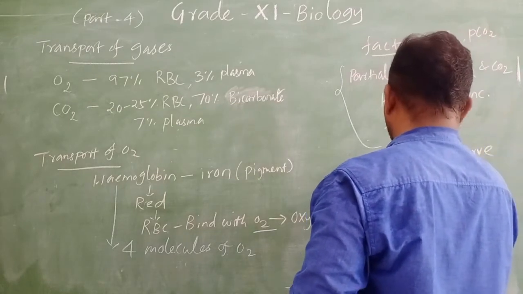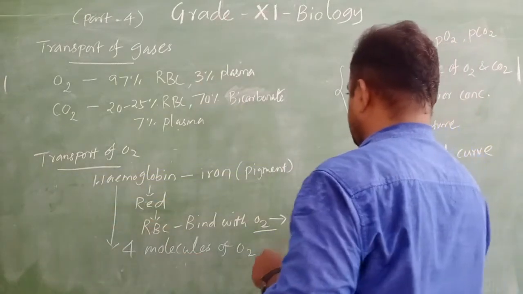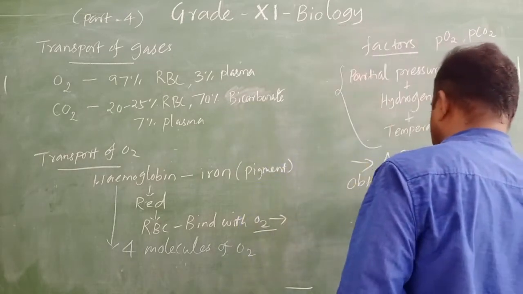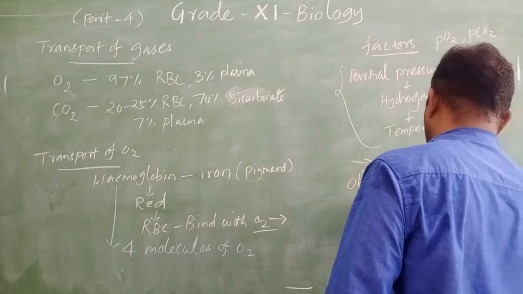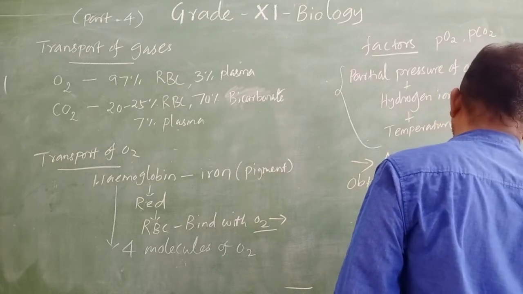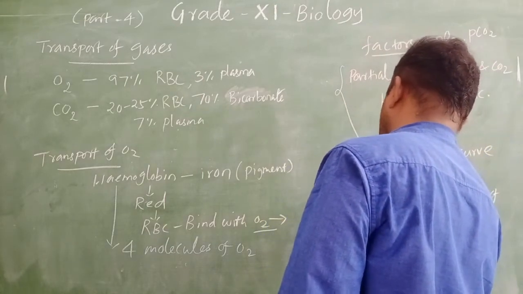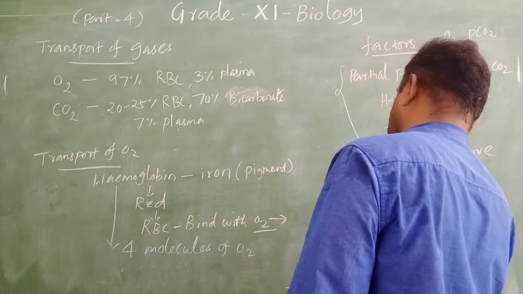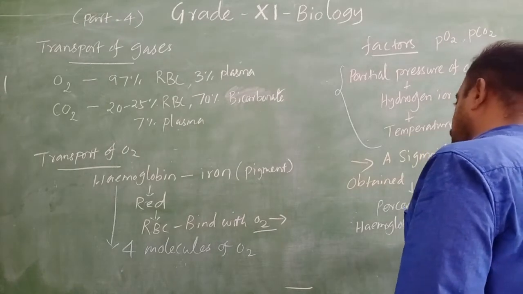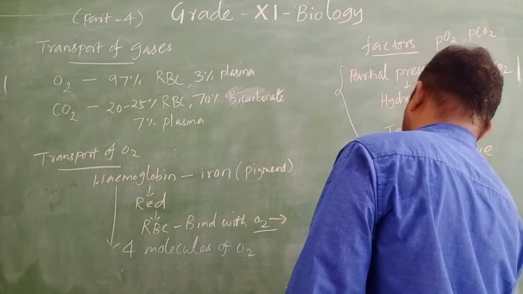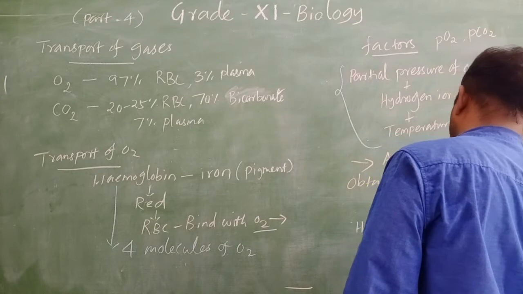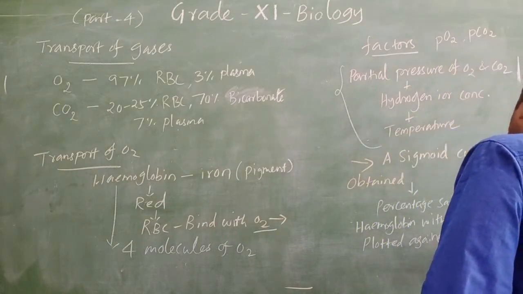The percentage saturation of hemoglobin with oxygen is plotted against the partial pressure of oxygen.